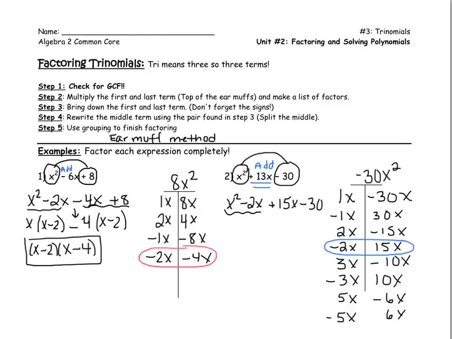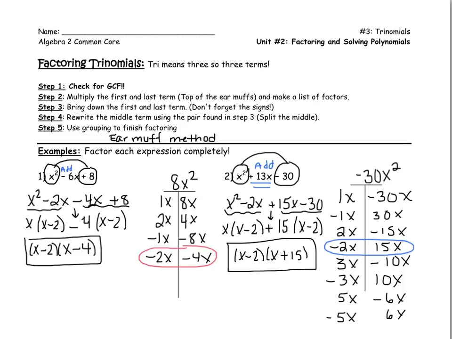My GCF between the first 2 terms is x, and when I take out a GCF, I'm left with x minus 2. Bring down the plus sign in the middle. The GCF between 15 and 30 is 15. Divide it out, you should get x minus 2. My GCF between these two should be x minus 2 and x plus 15. And this is my final answer factored.